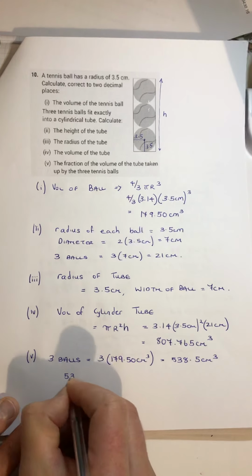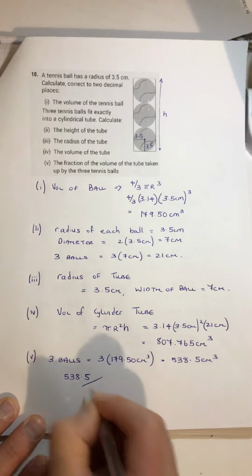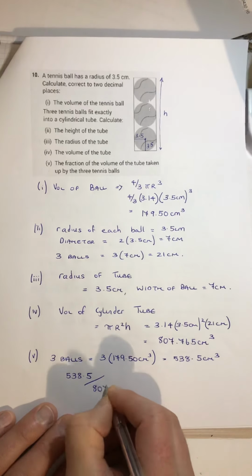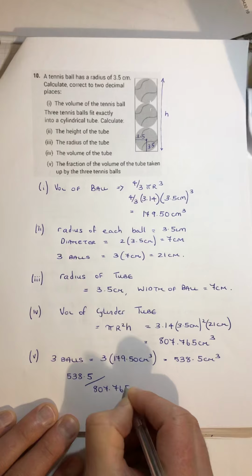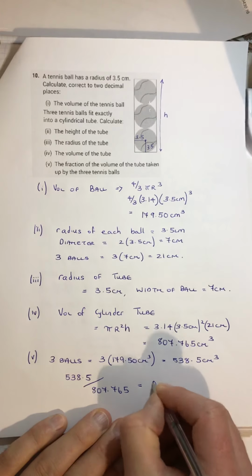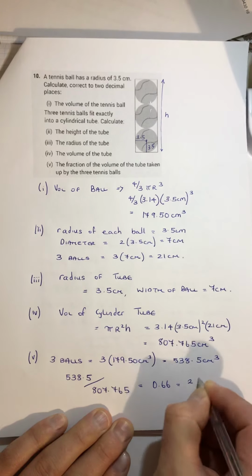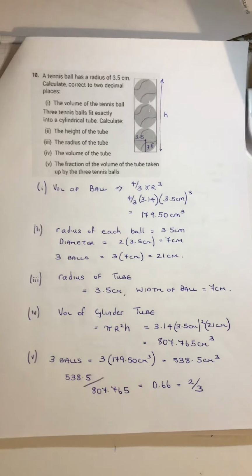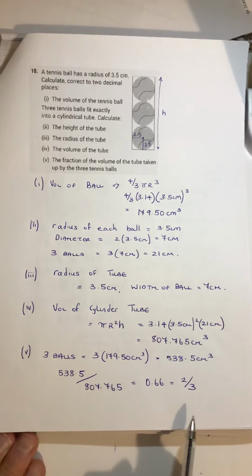So 538.5 as a fraction of 807.765 is equal to 0.66 or 2/3. So that's the fraction, 2/3.